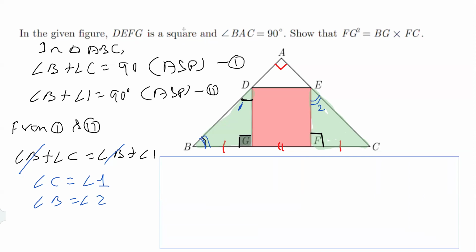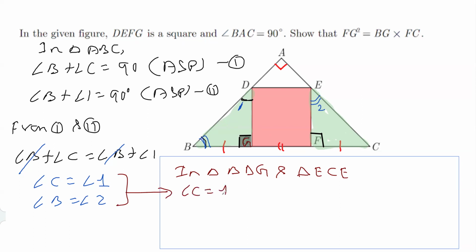Now the triangles which I'm considering here are triangle BDG and the other triangle, which should be ECF. So these are the two triangles considered. From above, angle C is equal to angle 1 and angle B is equal to angle 2, as proved.